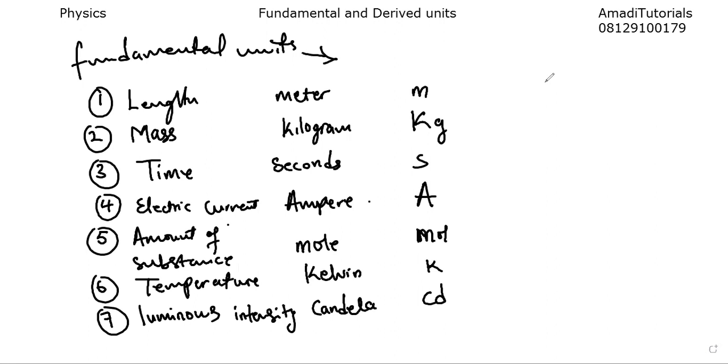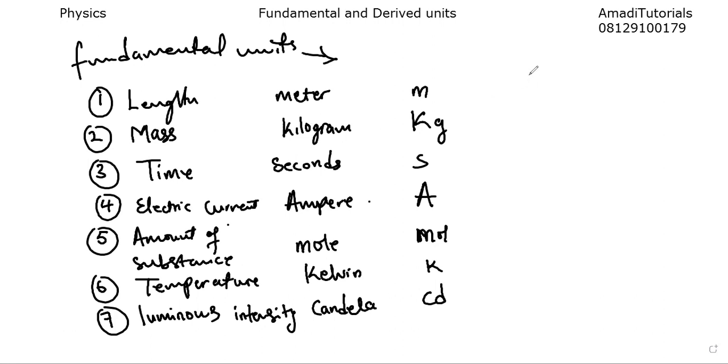You understand? Because once you're able to measure some of the fundamental quantities of a thing, you'll be able to get the magnitude of their derived quantities. So derived quantities are a combination of fundamental quantities.